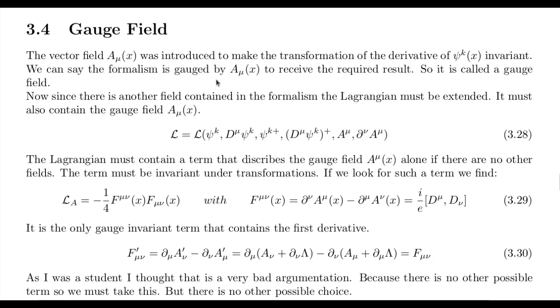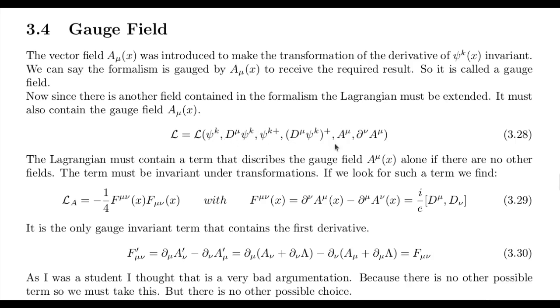But now there's obviously another field here in the physics of electromagnetism, and that means that we have to write new variables into the Lagrange density function. So here we have the wave functions and of course the derivatives, but now we use the covariant derivative.